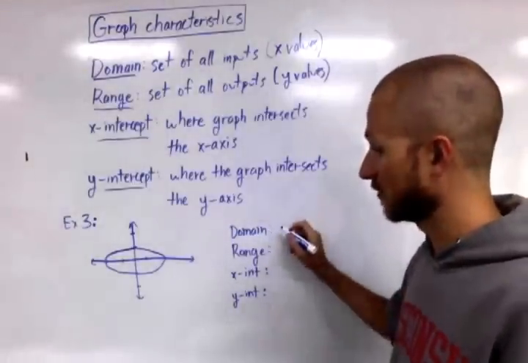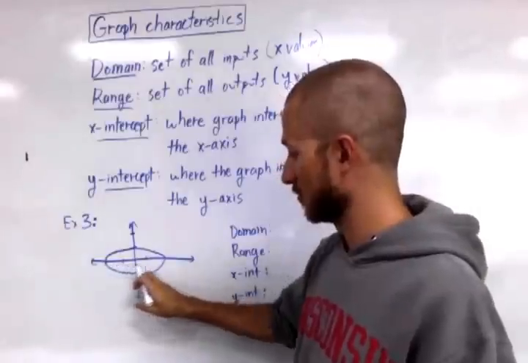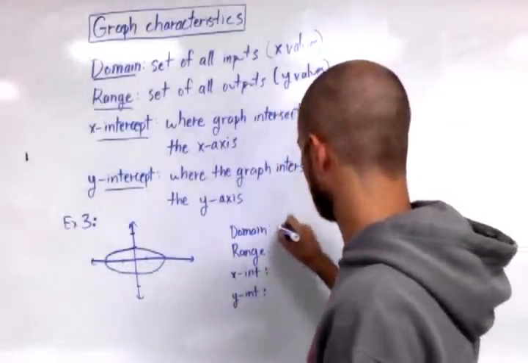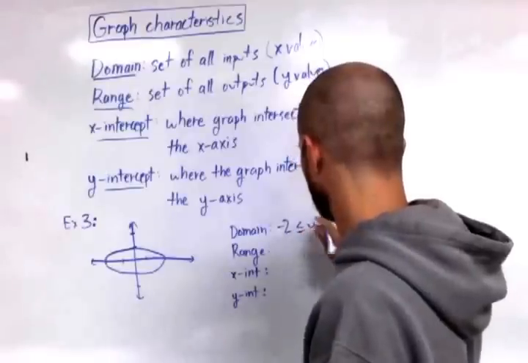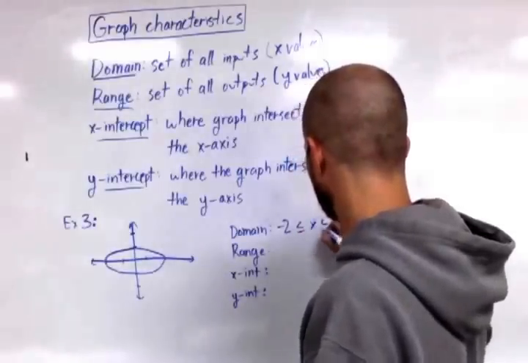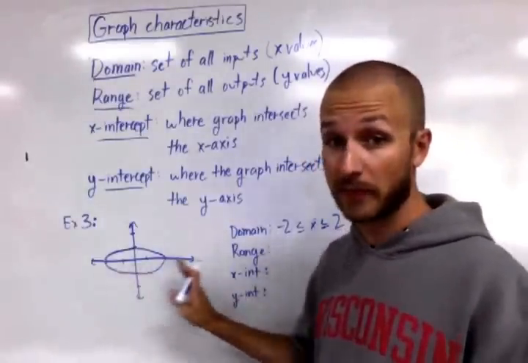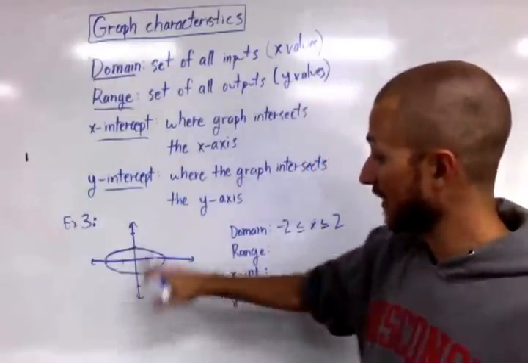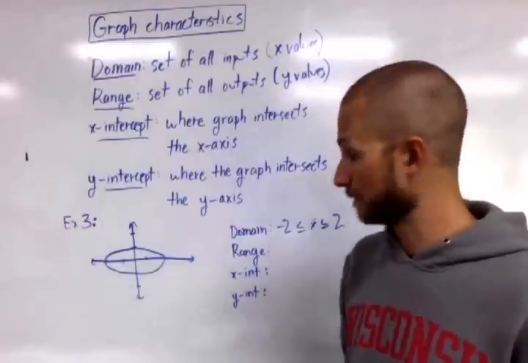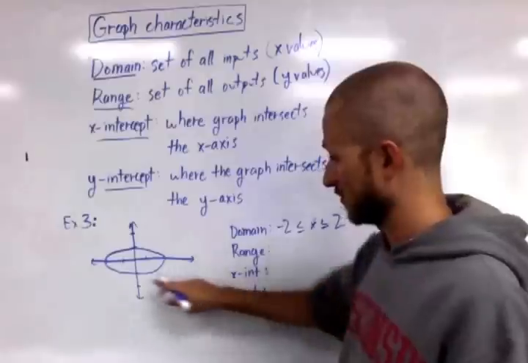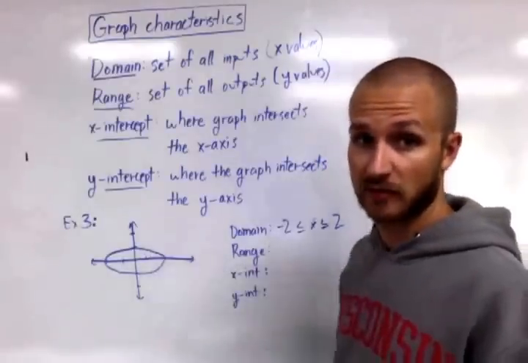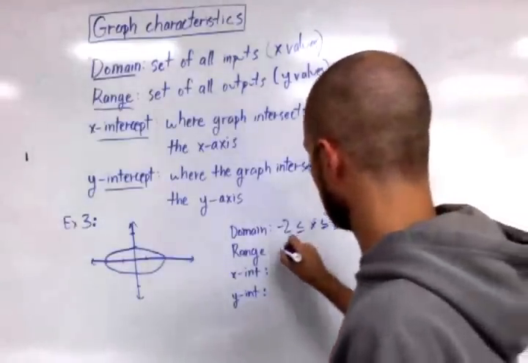Domain here, say smallest is -2, biggest is +2. The other thing to really notice here is not only is the smallest -2 and the biggest +2, but it can be anything in between there. For the range, -1 to +1, and then anything in between.